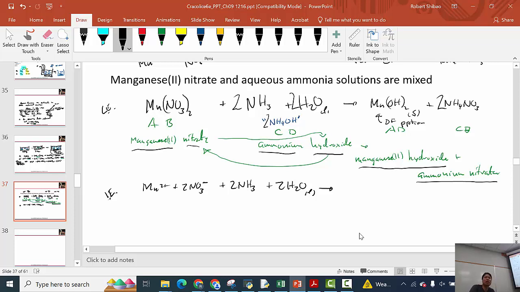But how about manganese 2 hydroxide? Do we leave it alone or do we break it apart? Is it a strong acid? No. Is it a strong base? Is it a soluble salt? It's not. It's an insoluble salt, because otherwise we wouldn't get a precipitate.